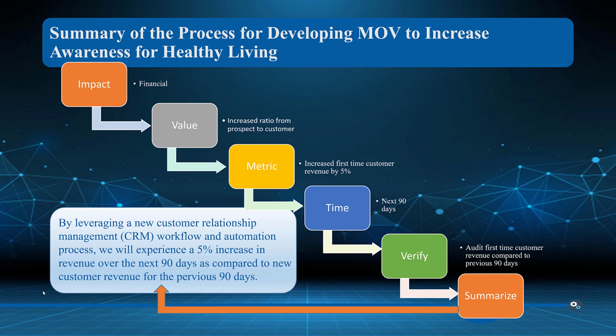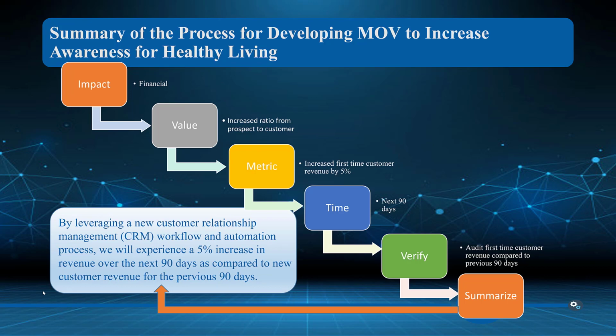So consequently, we're looking to convert prospects to customers at a rate that will increase new customer revenue. Okay, there's an aggressive timeline of the next 90 days, and how we'll verify that is we'll audit the first-time customer revenue compared to the previous 90 days. So as we do this project over 90 days, we're going to look at the previous 90 days and see how that plays. And then we would summarize that into a complete MOV statement.